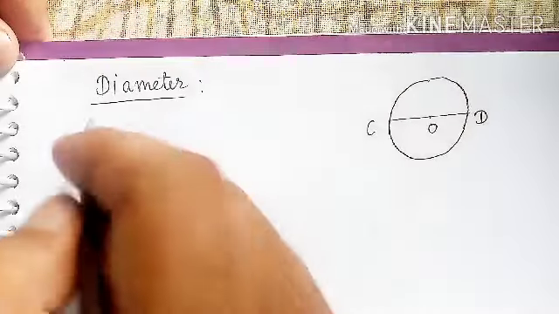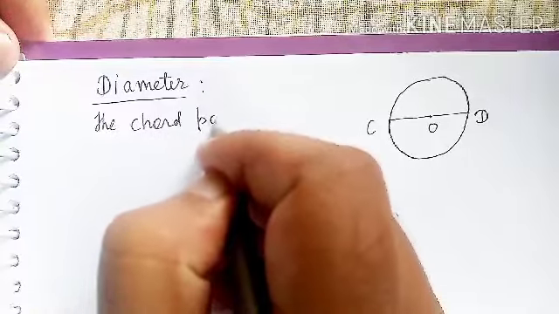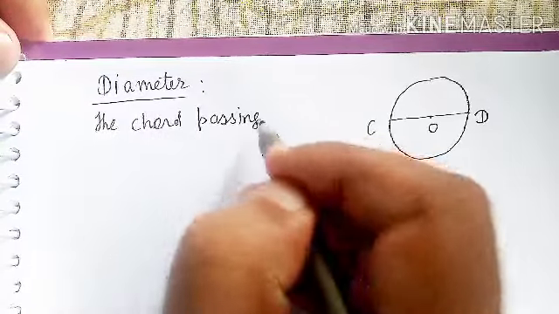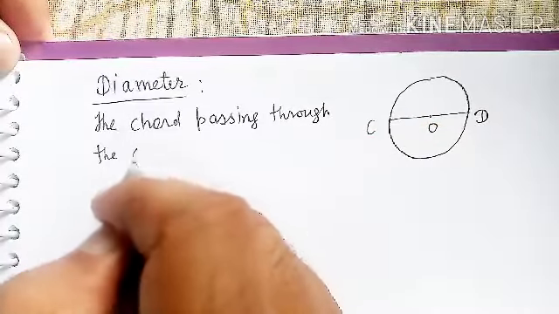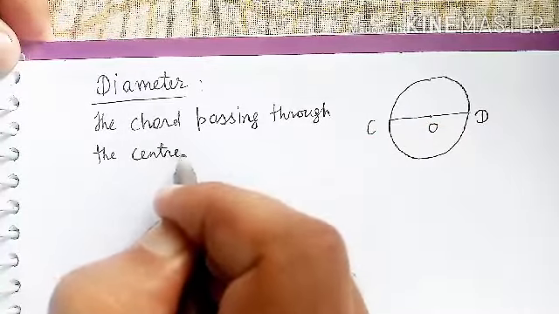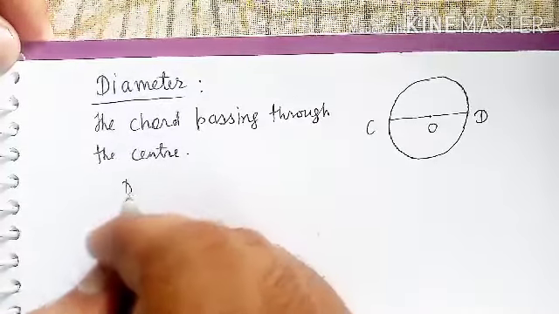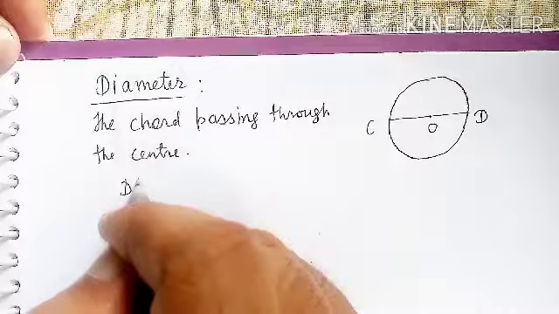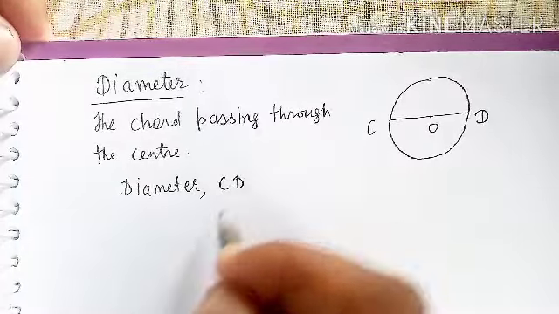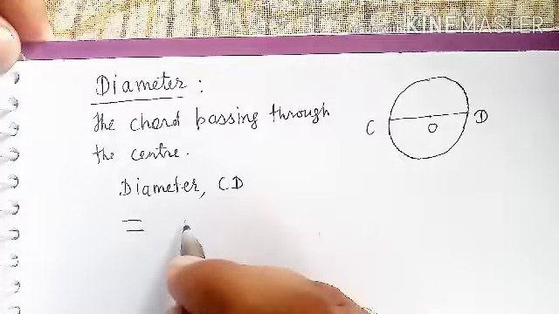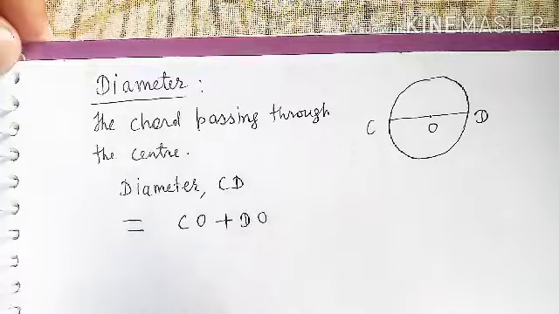Diameter: the chord passing through the center. Here CD is the chord, here CD is the diameter, and we can write it as CO plus DO.